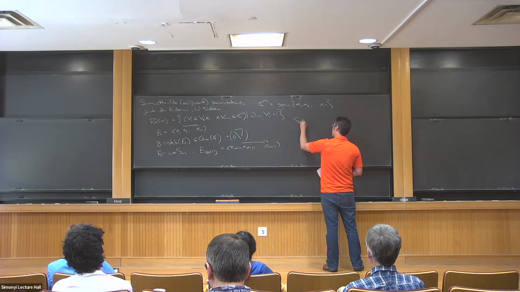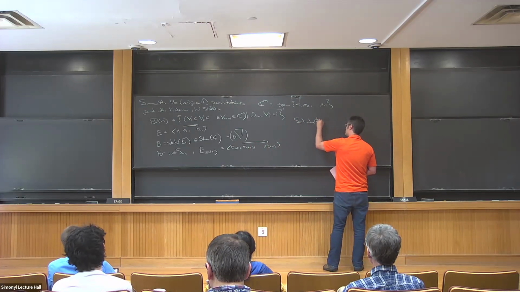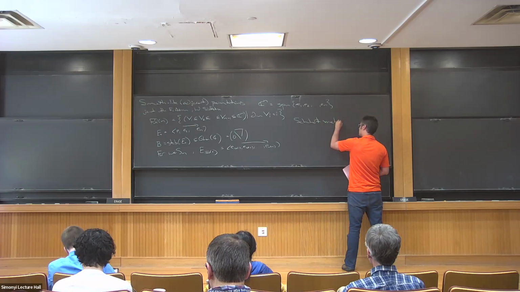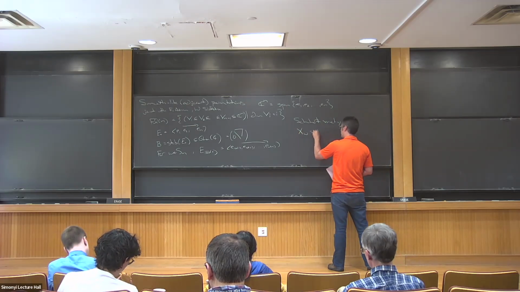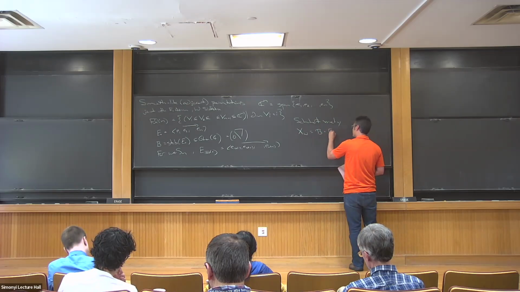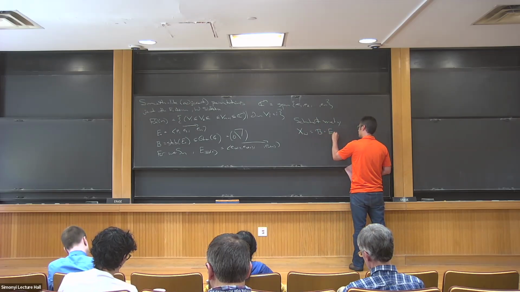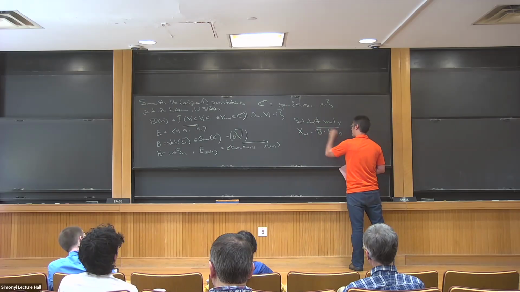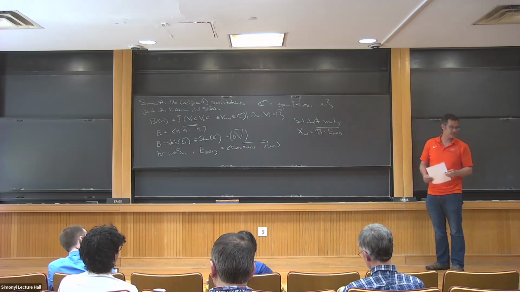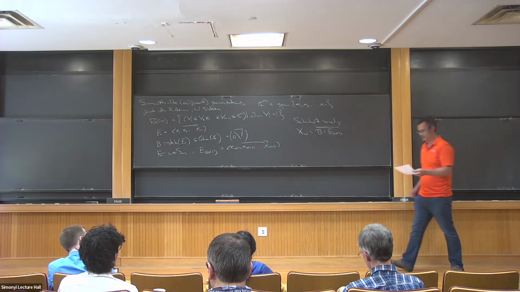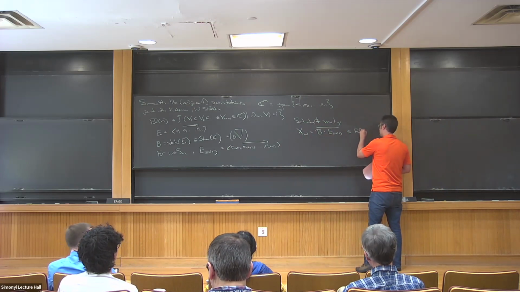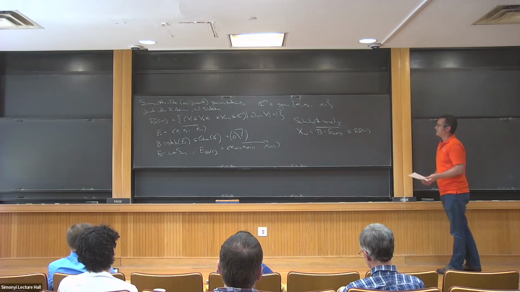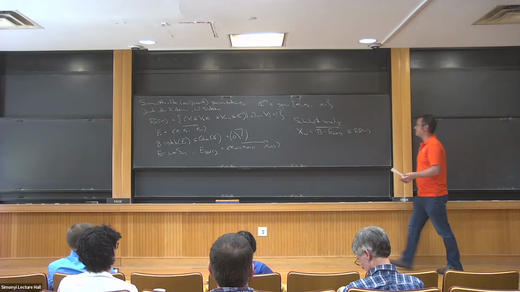The Schubert variety is just defined to be the closure of the B-orbit of this fixed point right here, sitting inside the flag variety.